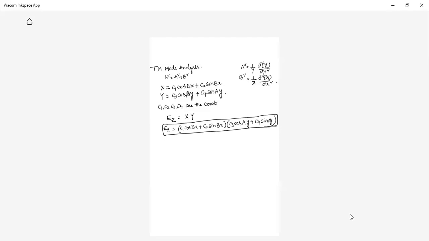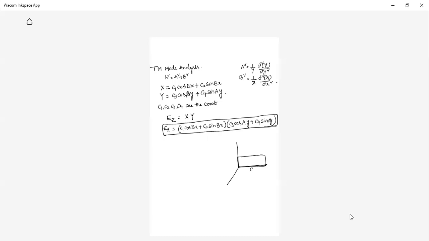Okay. So now you have to apply the boundary conditions. Since we are taking a rectangular waveguide, what is a rectangular waveguide consisting of? It has a broader dimension and a narrow dimension.